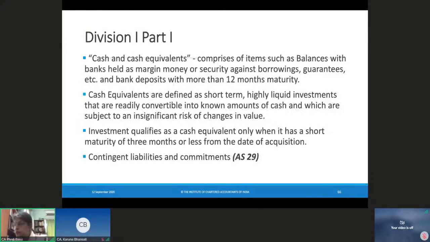So the long-term borrowings that we were discussing, bonds and debentures, including the rate of interest and the particulars of redemption or conversion, as the case may be, should be stated on the face of the balance sheet.